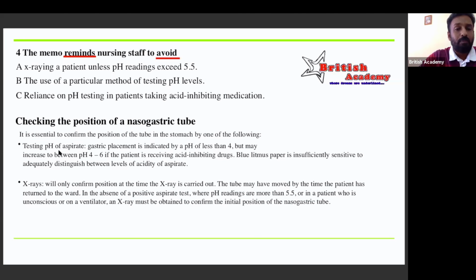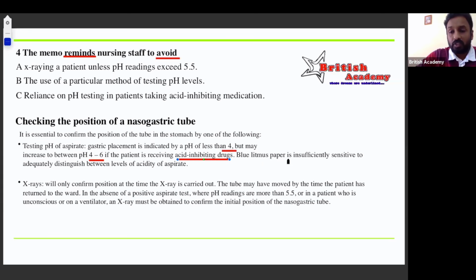First one says testing pH of aspirate. Gastric placement is indicated by pH of less than 4. So in a normal patient, the pH level is less than 4 when we aspirate through a nasogastric tube, but may increase to 4 to 6 if the patient is receiving acid inhibiting drugs. So if the patient is taking any kind of acid inhibiting drug, then the pH can be between 4 to 6. It can be above 5.5.